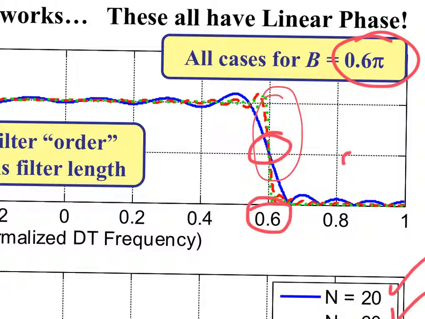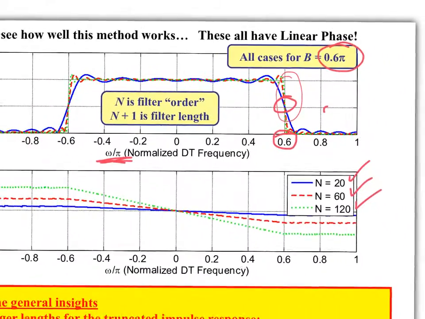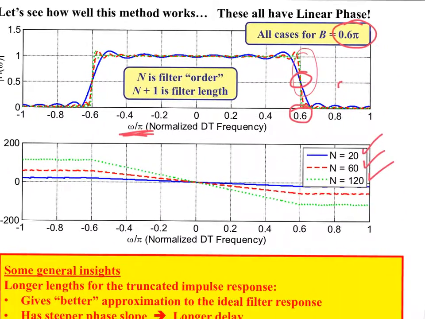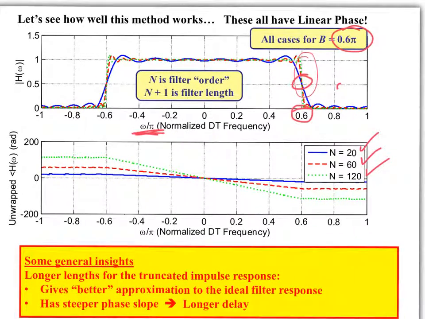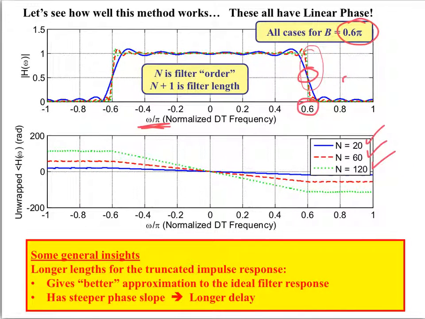And so that's actually a nice characteristic. And basically we're essentially saying that as we go to larger order, we can achieve better characteristics of our filter, and that is true in general. We'll see that with all of our design approaches.